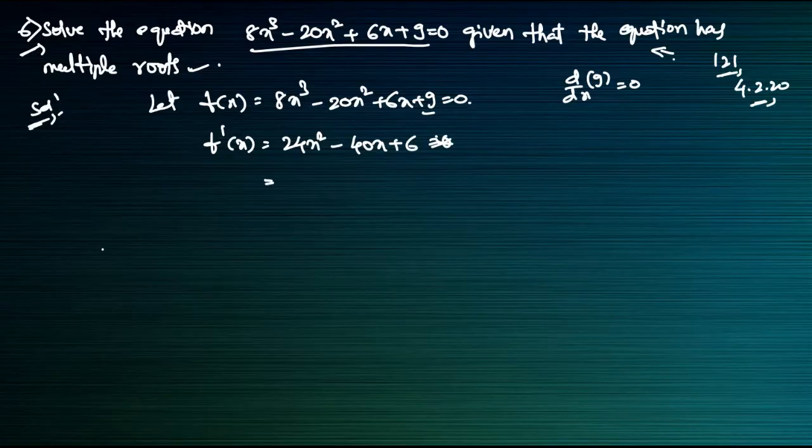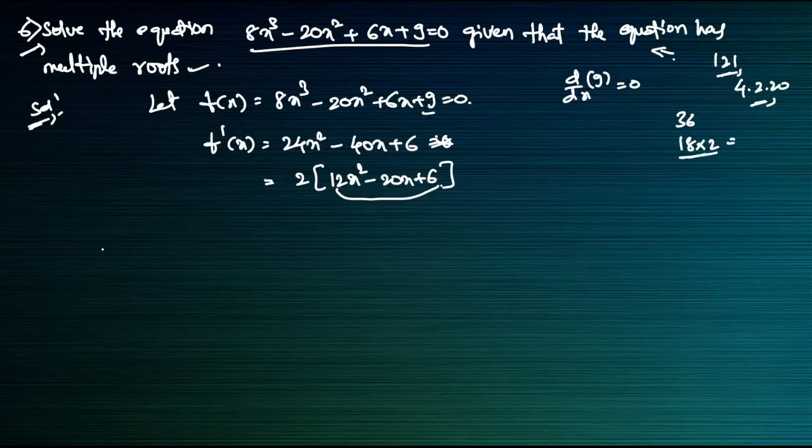Now from this I will take 2 common from the total term, so it will become 2 into 12x square minus 20x plus 6. 6 twelves are 72, so we split it: 18 plus 2 is 20.